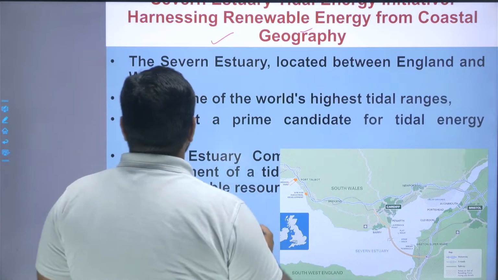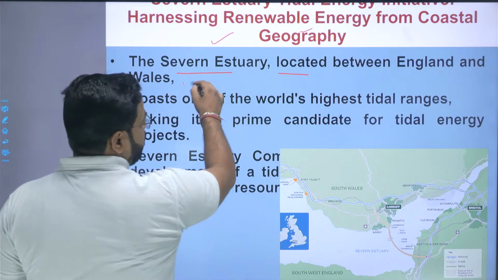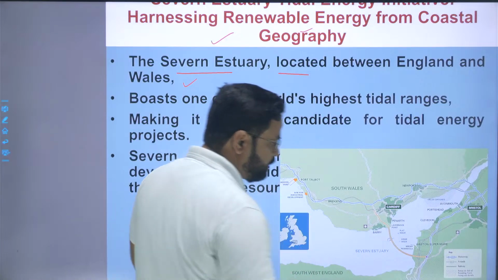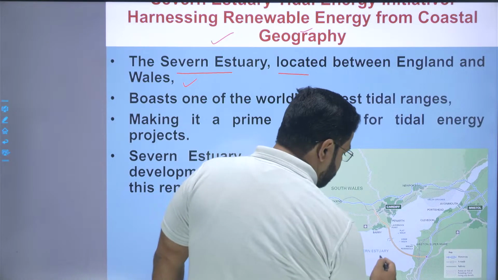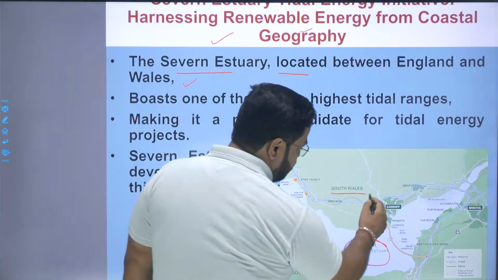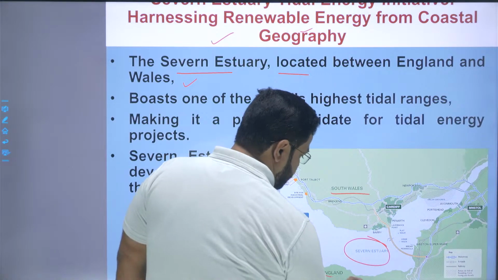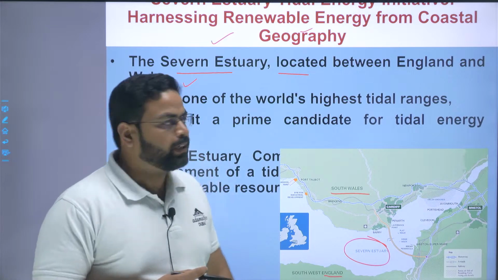This is the Severn estuary located between England and Wales. This is the map of the estuary. This is the Wales region and this is the England region, and in between them the Severn estuary is located.